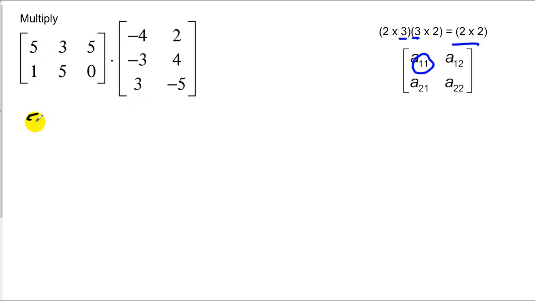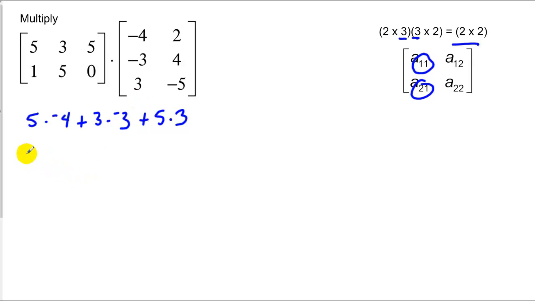So I have 5 times negative 4 plus 3 times negative 3 plus 5 times 3. Then I'll do my second row, first column. Here's my second row and my first column.